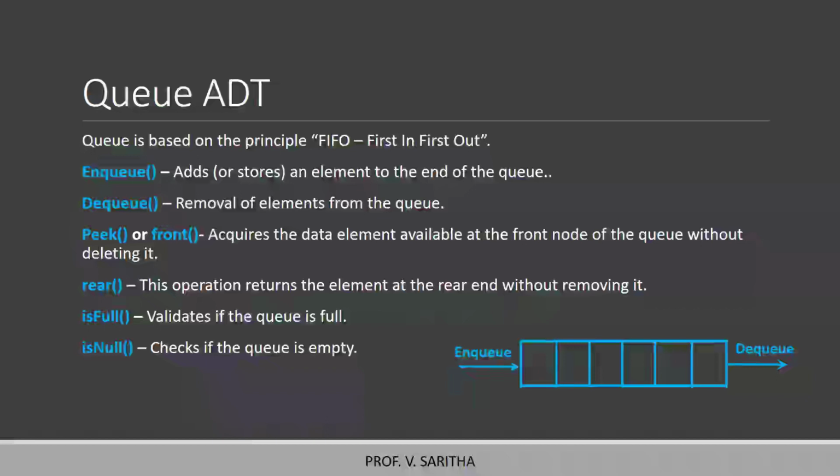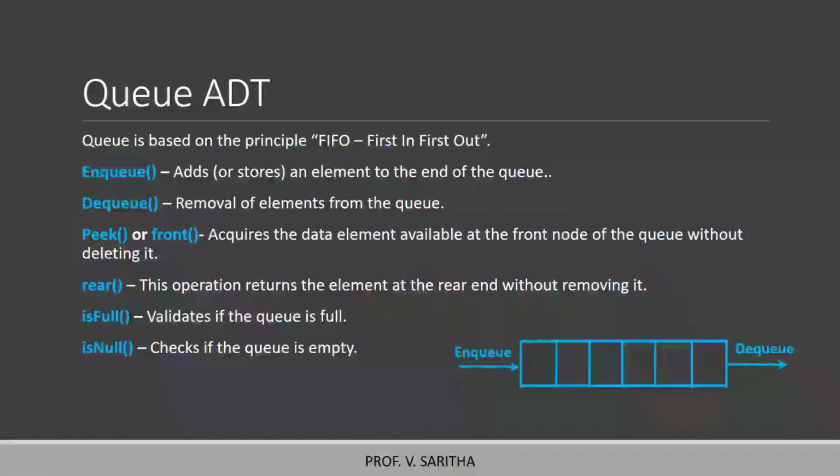If you want to verify the element at the front end, you will use the front operation or peek function. If you want to verify the element at the rear end, you can go with the rear function.